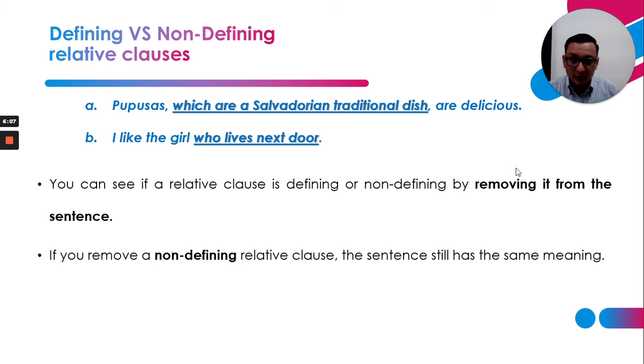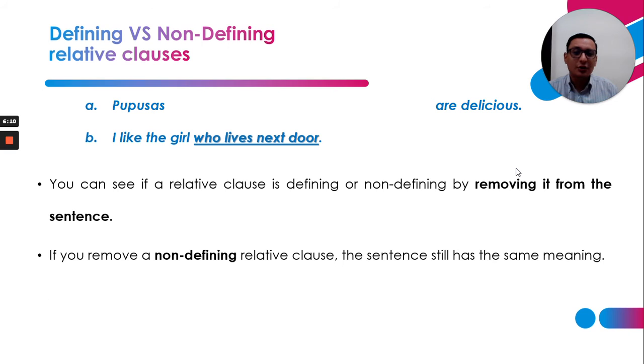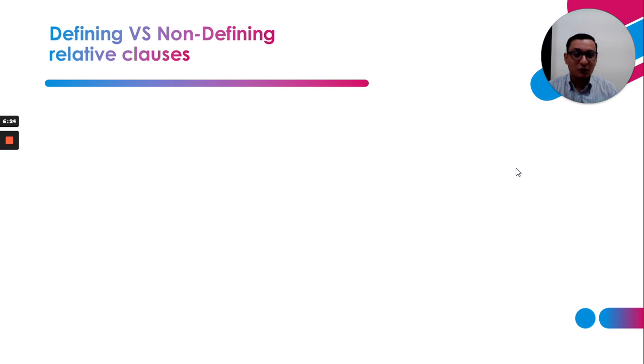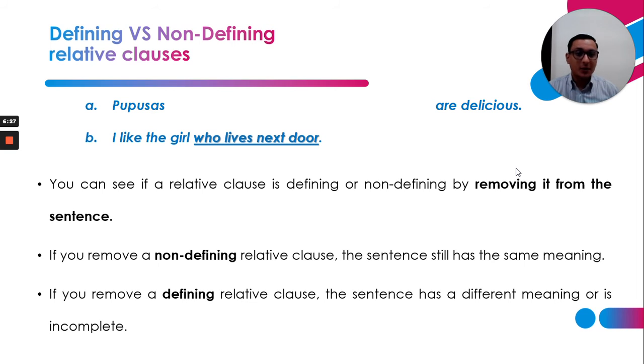On the other hand, check letter B. I like the girl. If you remove this, there is something missing in the idea. You need to know who this girl is. Because you say, I like the girl, and you have like 50 girls. Which one are you talking about? So in this case, this relative clause becomes extremely important to complete the meaning.